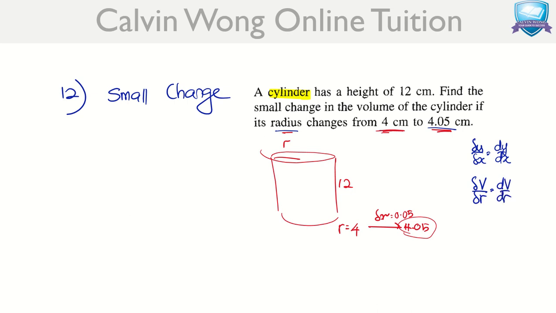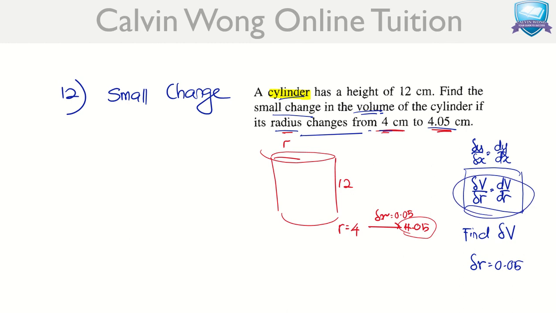How do I know that I want to use this one? Read the question again. Cylinder, find the small change in volume. The question asks you to find delta v. When the radius changes, that means delta r is 0.05. So I know I want to use delta v over delta r. Let's start.